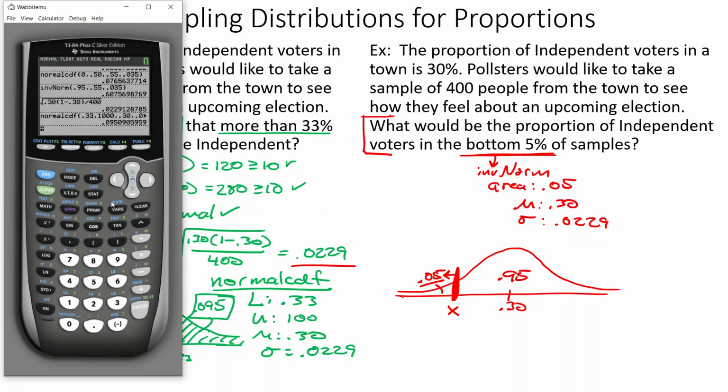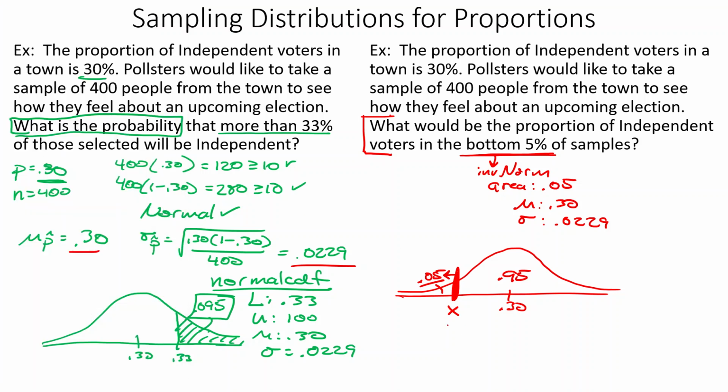So we throw that into our calculator, second distribution, inverse norm. So 0.05, 0.30, and 0.0229. And we get 0.26. So 0.26 is our answer, or like 26%.